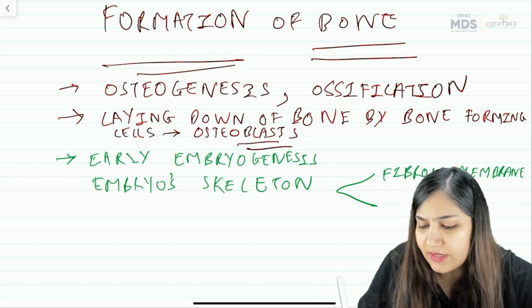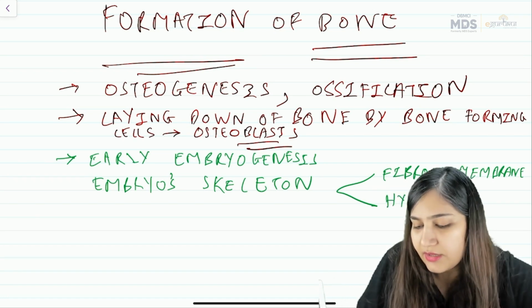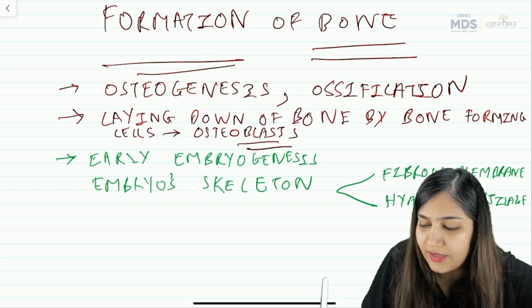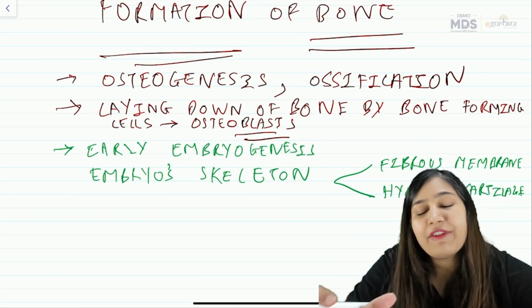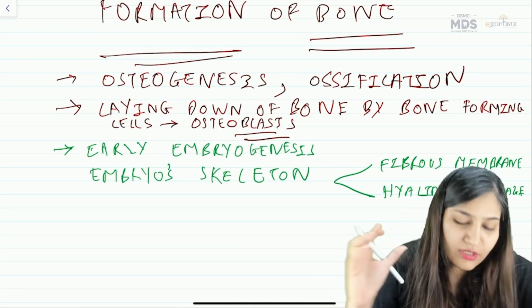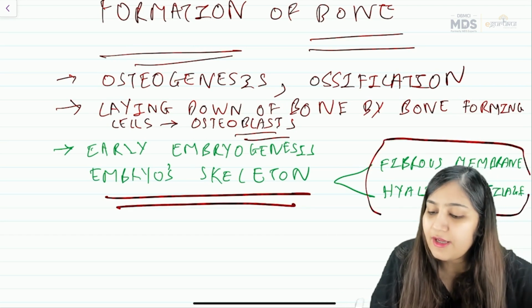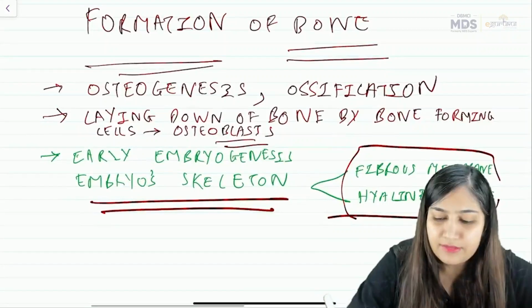Now, with progressing weeks, that is during the 6th to 7th week of intrauterine life, bone formation starts. Initially, the embryo skeleton is made up of only fibrous membrane and hyaline cartilage.